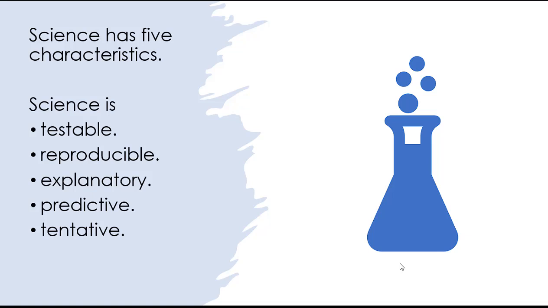So science has 5 basic characteristics. Science must be testable, it must be reproducible, it must be explanatory, predictive, and yet tentative, right? Tentative is the one that we sometimes forget. Sometimes we only understand science through the lens that we look at it, meaning at what level of instrumentation or precision or accuracy in terms of our technology do we have, right?